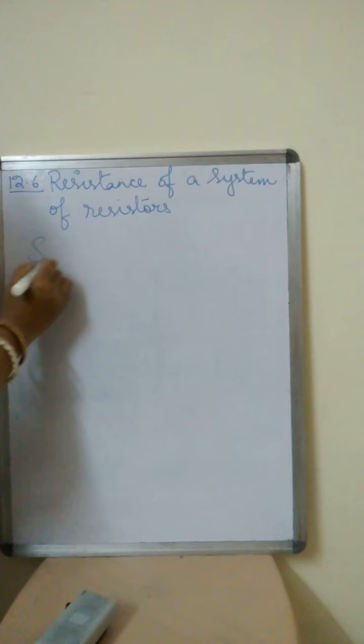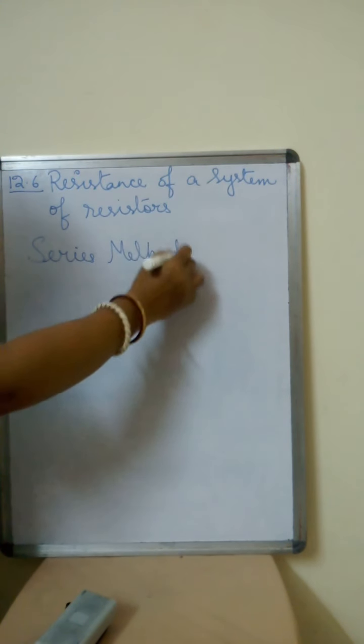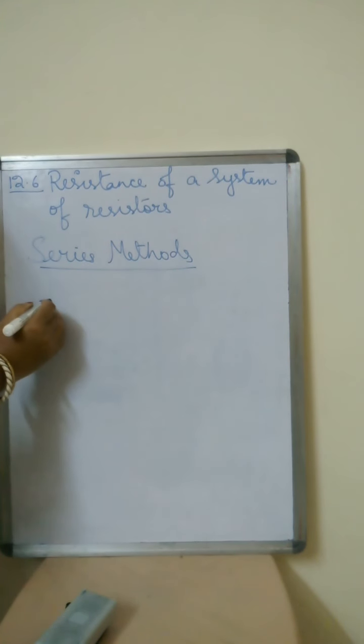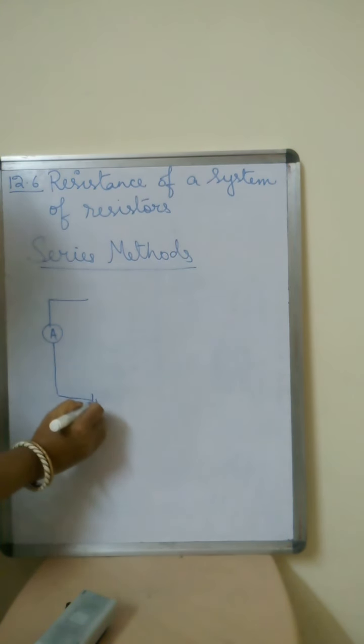Now in the series method, what happens? The resistors are all fixed. You remember we have drawn a circuit in the previous topics. We have learnt about a simple circuit.